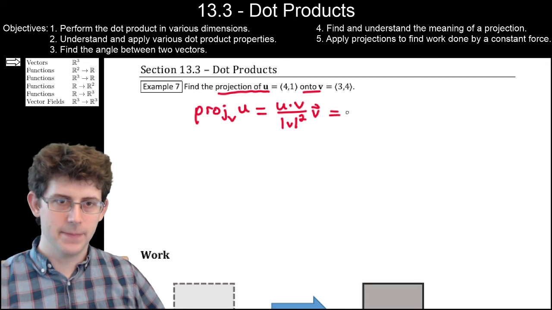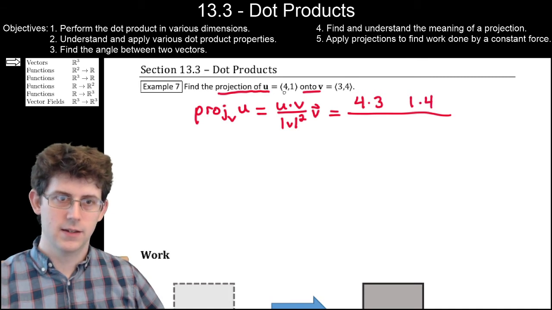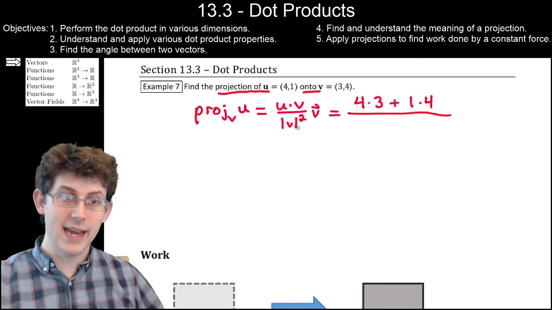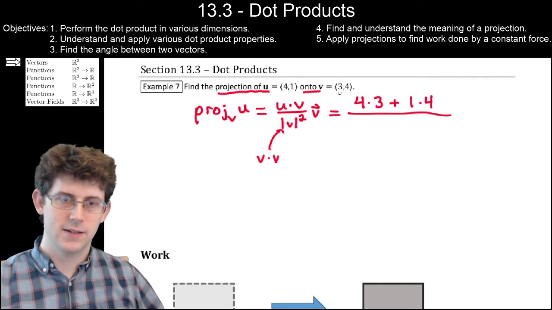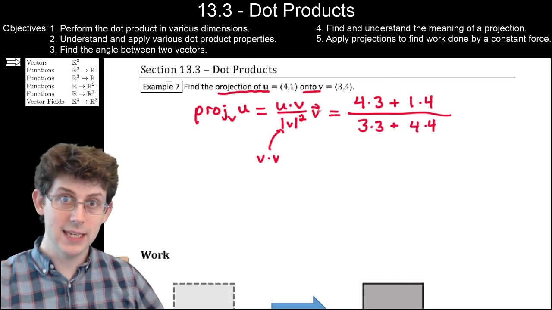Let's do it. U dot v is you multiply the corresponding components together. So 4 times 3 for the x components, 1 times 4 for the y components, and add them together. The magnitude of v squared is the same thing as v dot v. So you can just dot this with itself. You get 3 times 3 and 4 times 4. Then v is just the vector v.